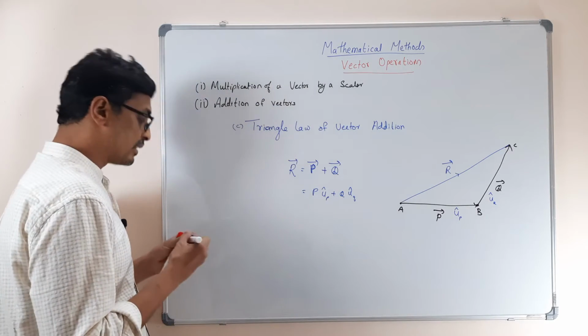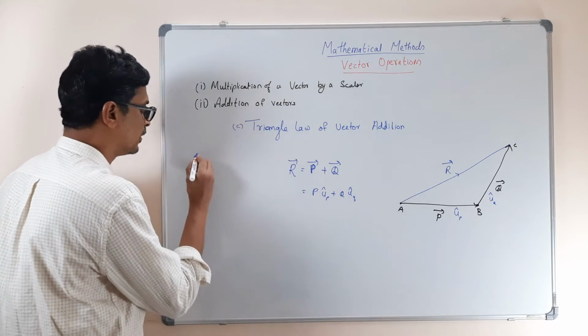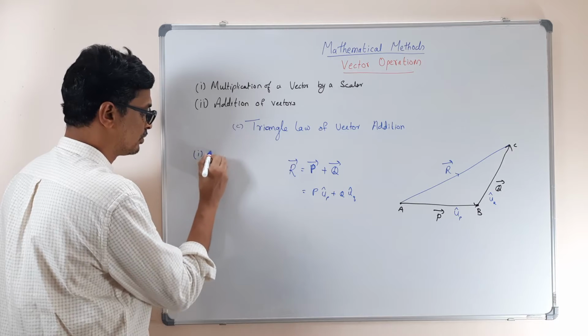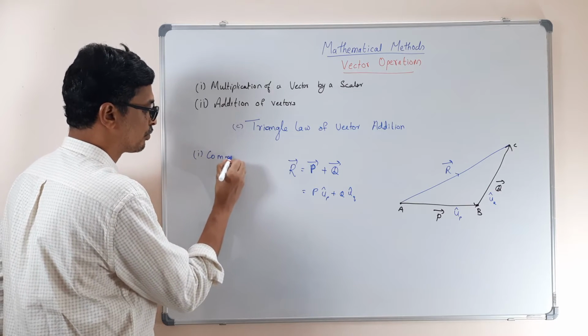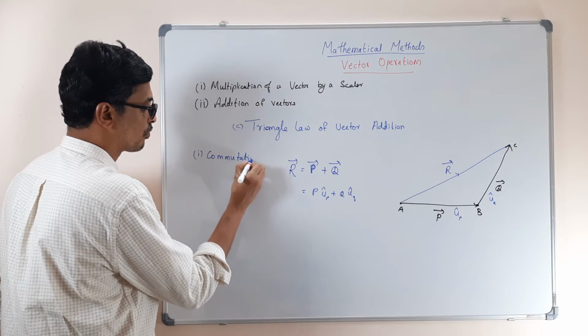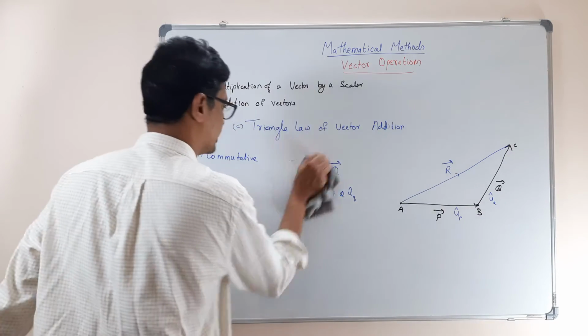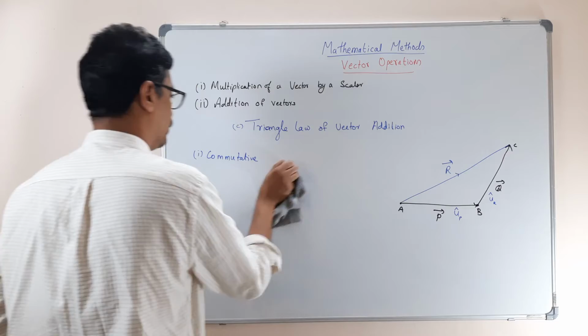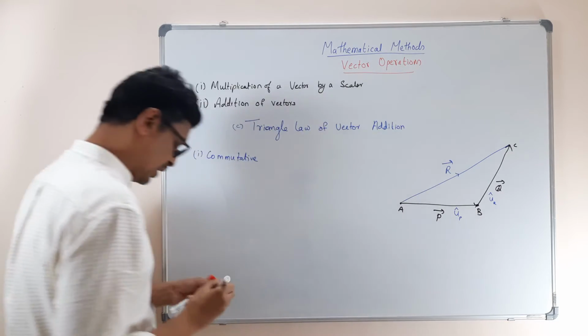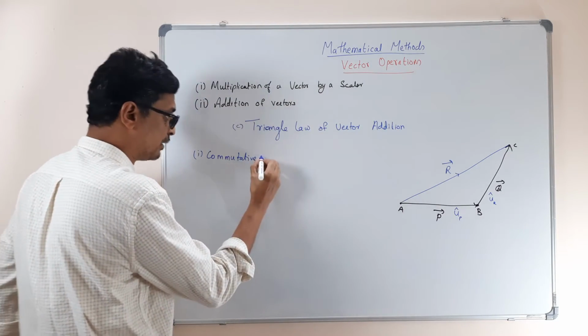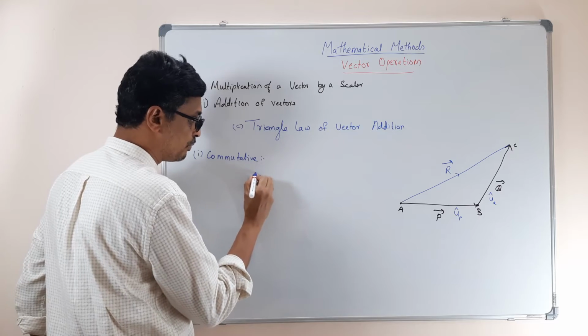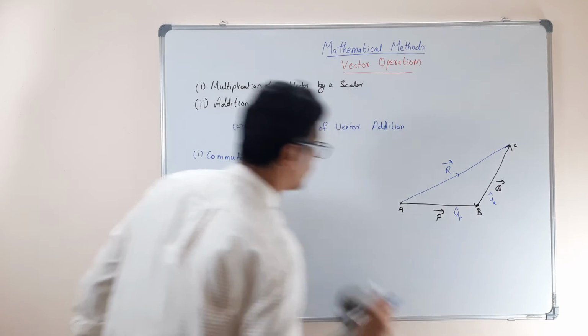One is that the triangle law of addition is commutative. What do you mean by commutative? The vector addition is commutative. That means we have P plus Q, correct?